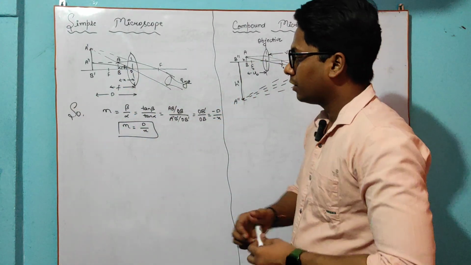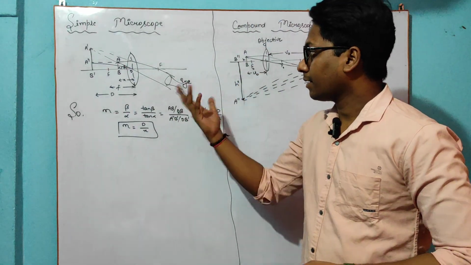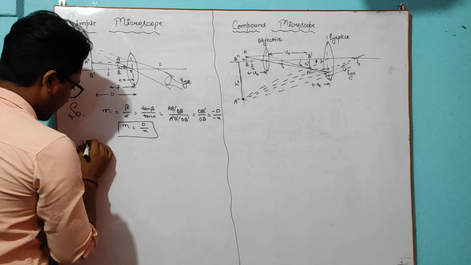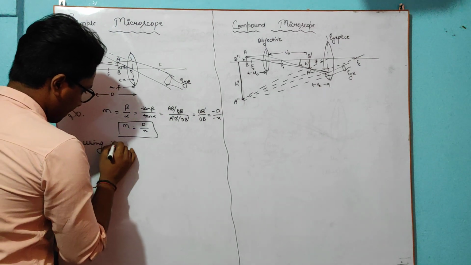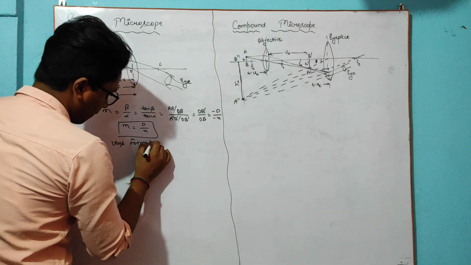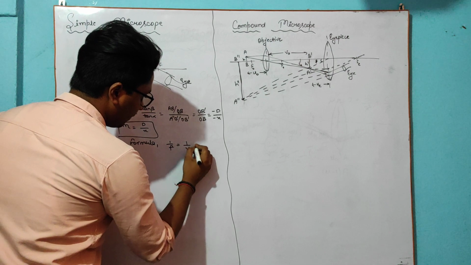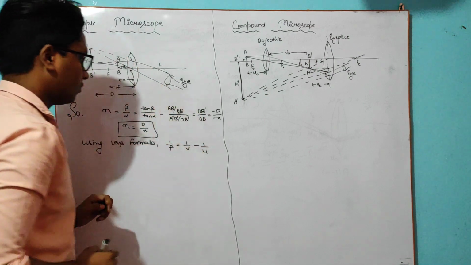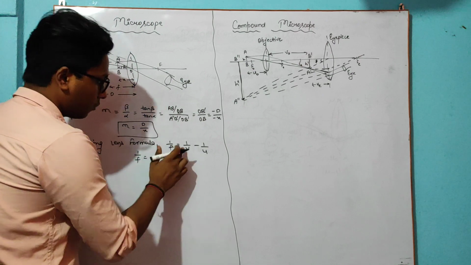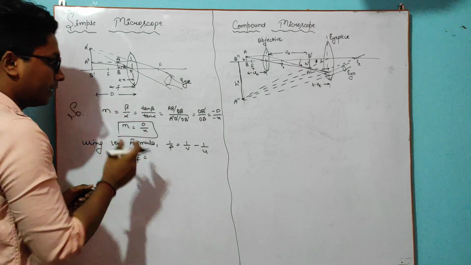Now we can also denote it in terms of focal length. See how? Use the lens formula. What is the lens formula? 1 by f is equal to 1 by v minus 1 by u. Now v is the image distance, and the image distance is at minus d.